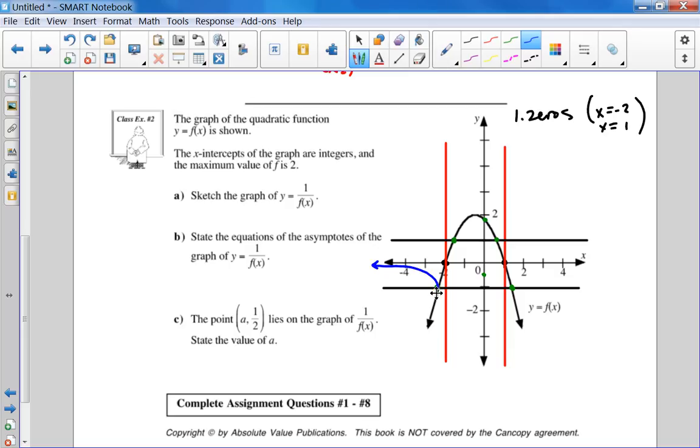Now to the right of that invariant point, but stopping at the red line, the graph is going towards 0, so our blue line should go towards infinity. The invariant points come from where the original graph is 1 and negative 1, because they won't change. The reciprocal of 1 is 1, so those points are on both.